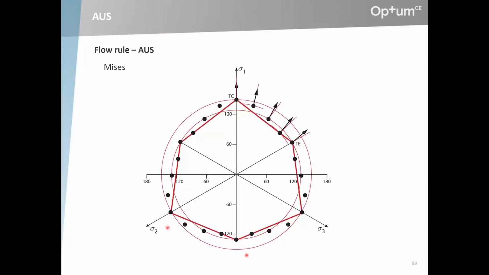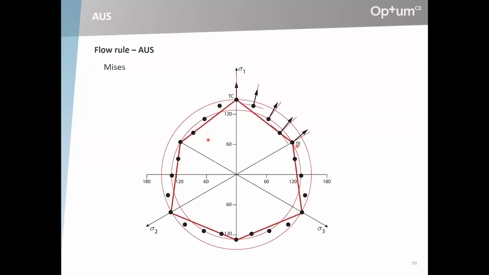Flow rule, we could have used the associated flow rule, whatever yield surface we have, the AUS yield surface. We have chosen to go for a Mises circle as the plastic potential. That tends to fit experimental data quite a bit better.